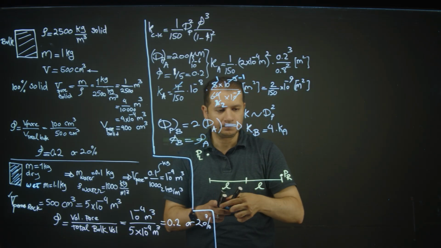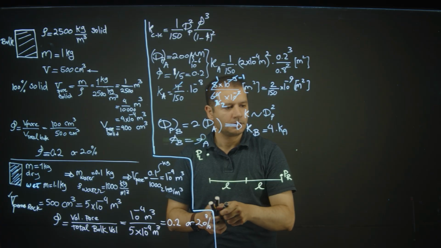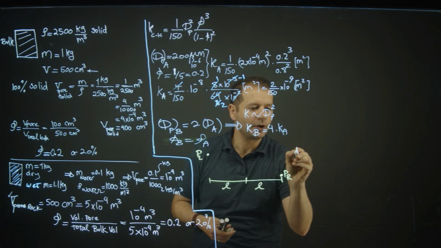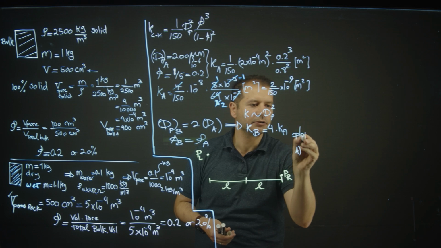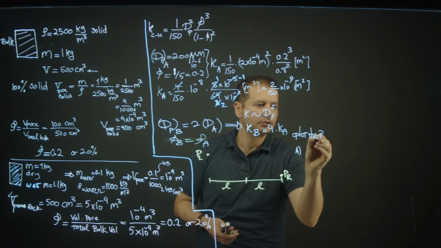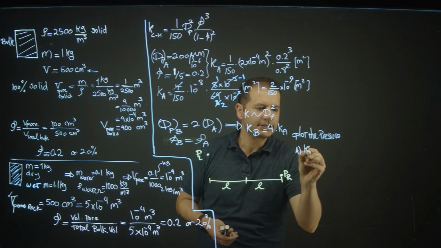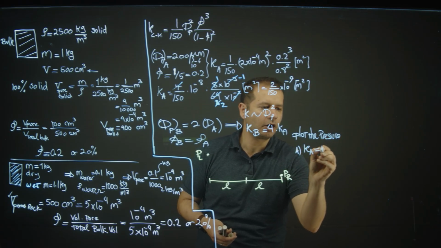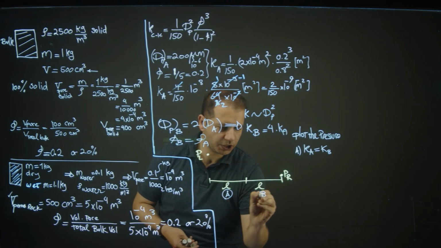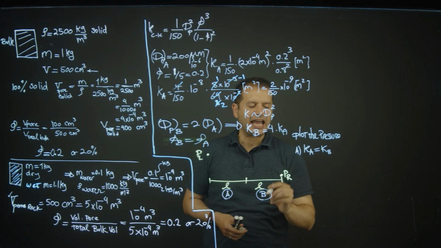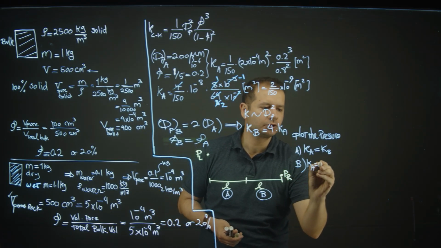Scenario A: plot the pressure for the case that Ka and Kb are equal. This is section A, this is section B. And also plot the case for which Ka is, for example, 2 times Kb.